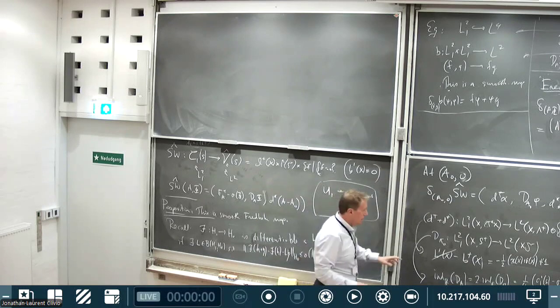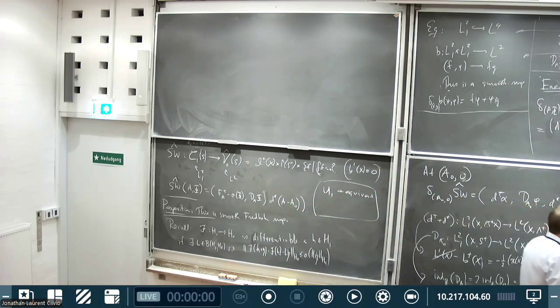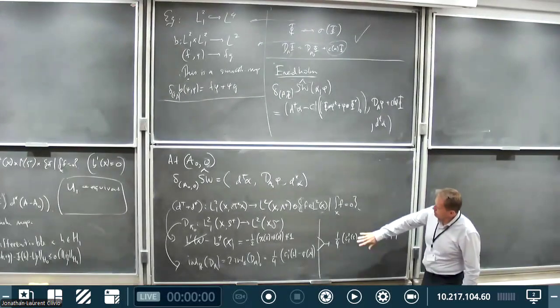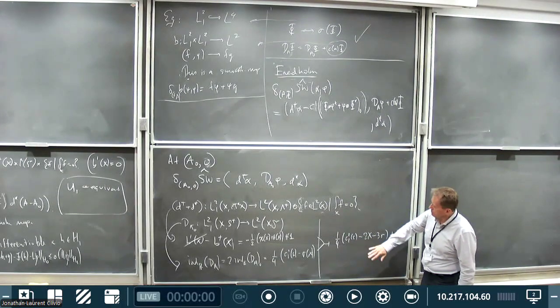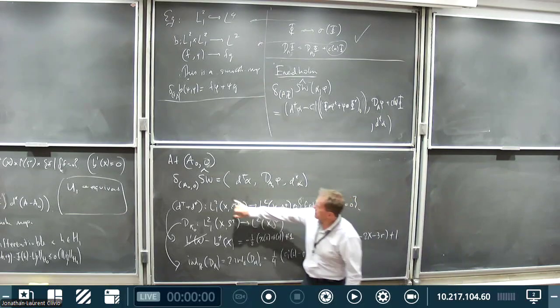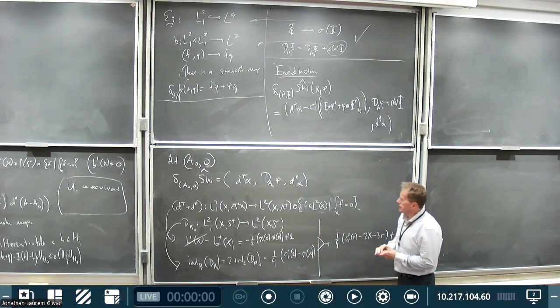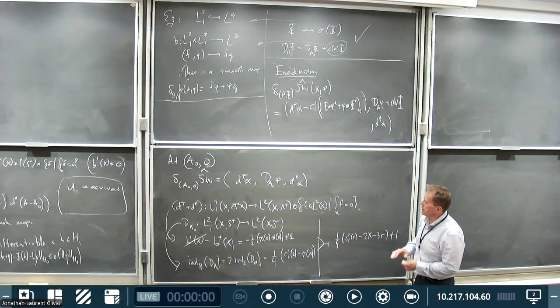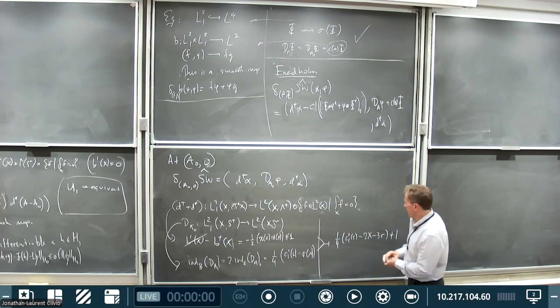So if I would like, it's a proper Fredholm map. Well, okay, sorry. We've computed some index somewhere. We'd like to say that at any other point it differs from this guy by a compact operator.